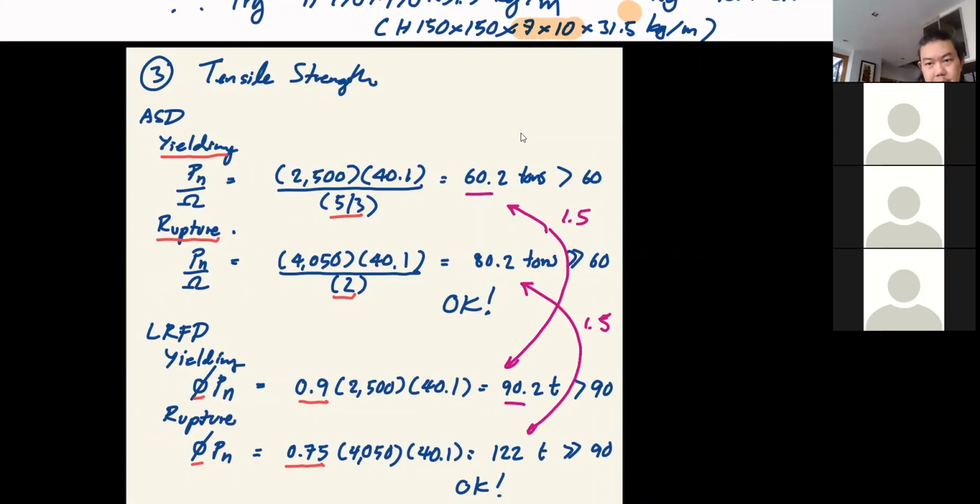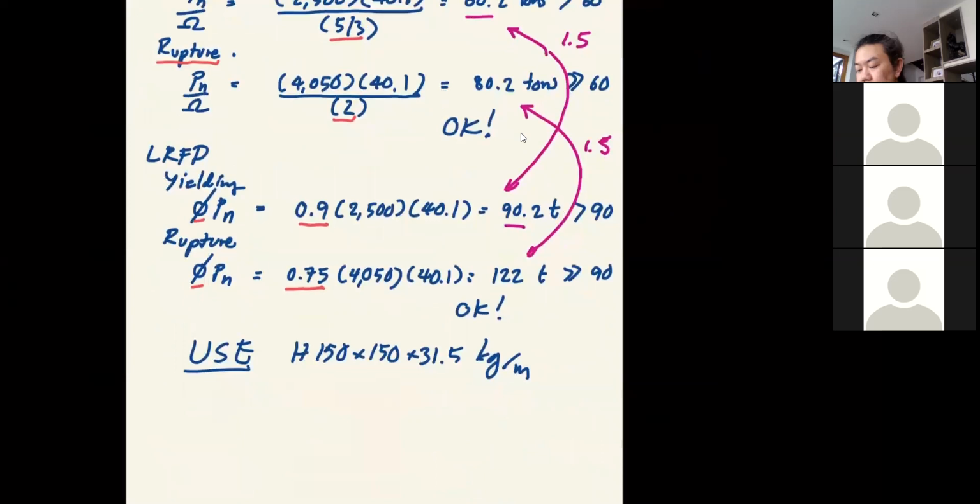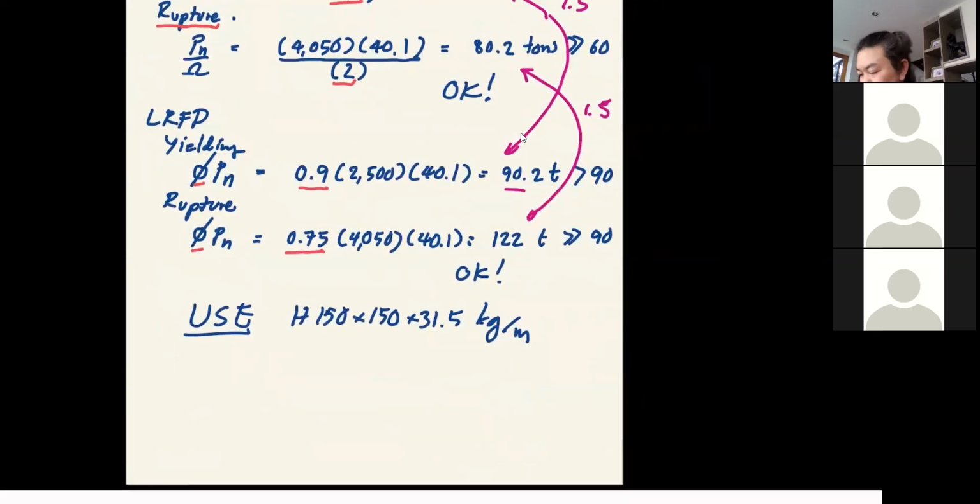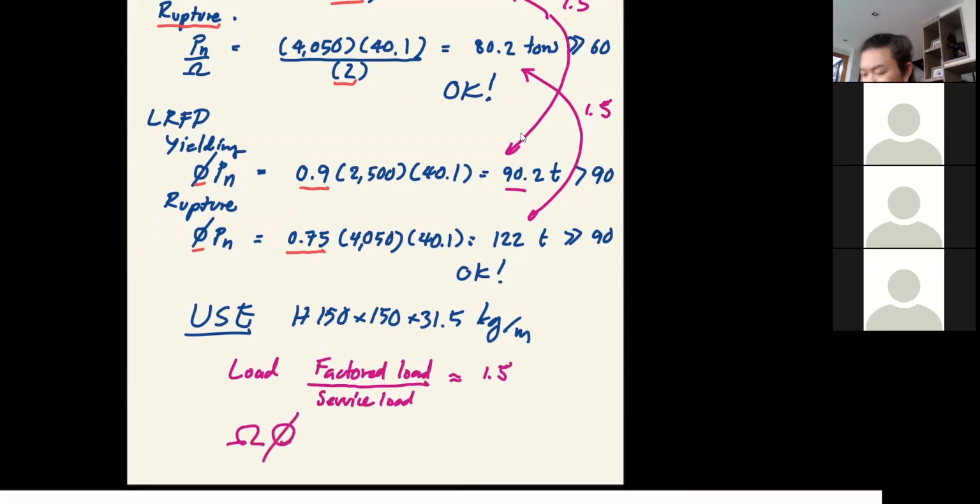So generally, on the load side, the factored load is 1.5 times greater than the service load, which means when you multiply the factor of safety with phi, you always get 1.5.